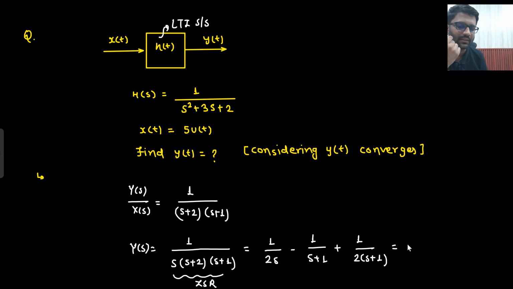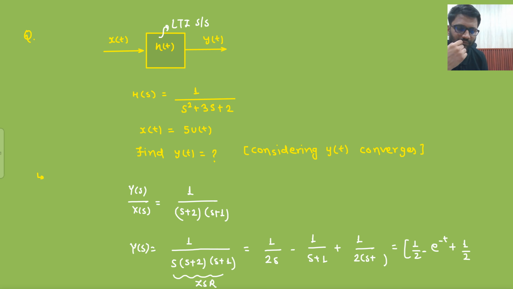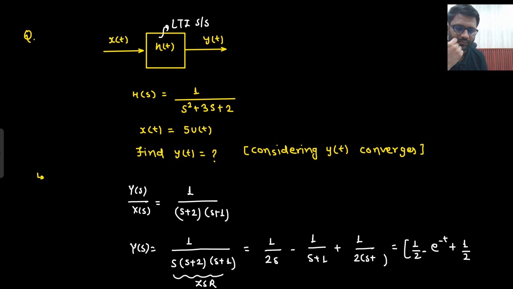So what is the answer? 1 by 2 minus e to the power minus t u(t) plus 1 by 2 minus e to the power minus 2t u(t). So this is your y(t), this is the answer.